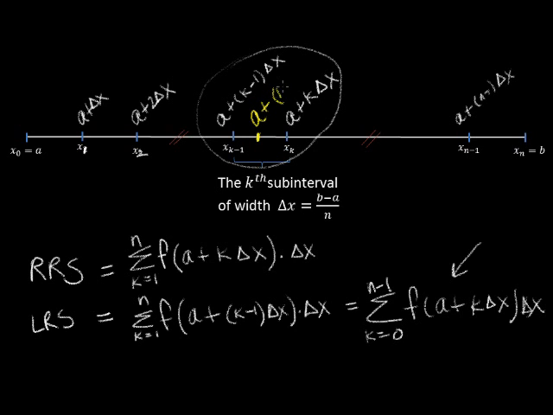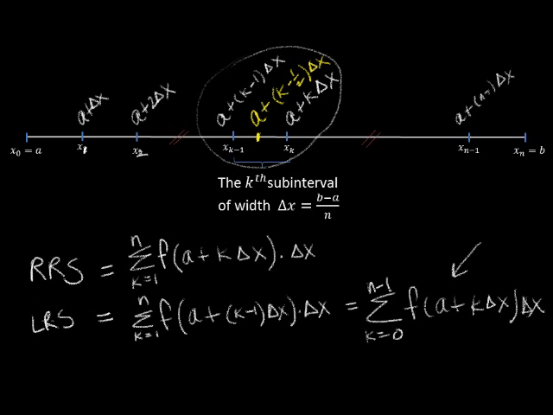So a plus k minus 1/2 times delta x. A plus, jumping over k jumps of delta x and backing up, minus 1/2 of delta x.